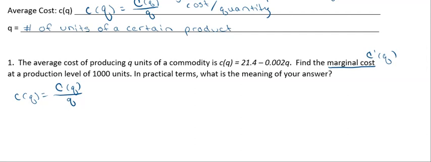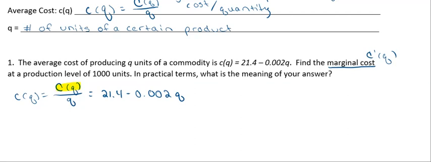So let's start with that: 21.4 minus 0.002 Q. Now we need to get our marginal cost. In order to get our marginal cost, we first need our cost function, and our cost function is just this numerator.